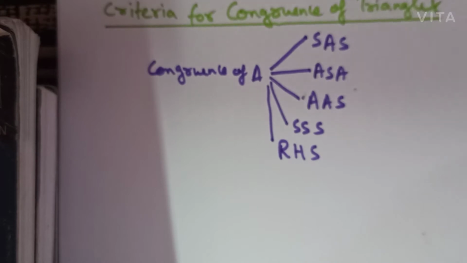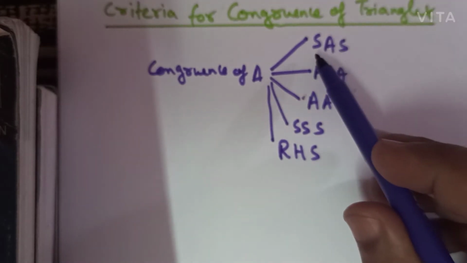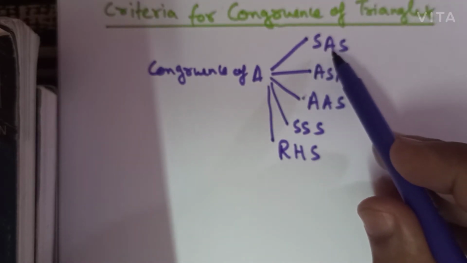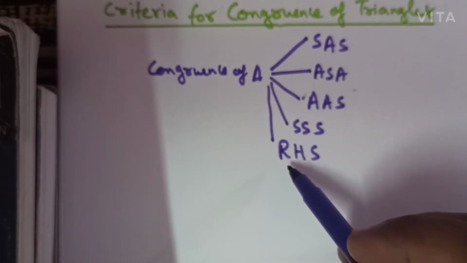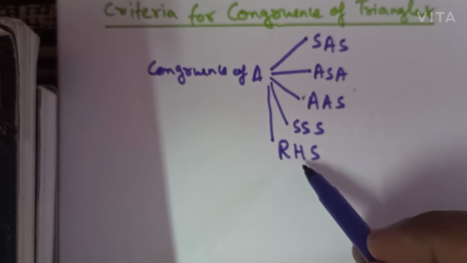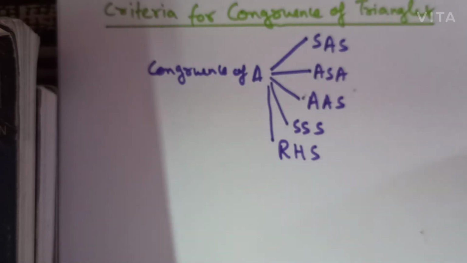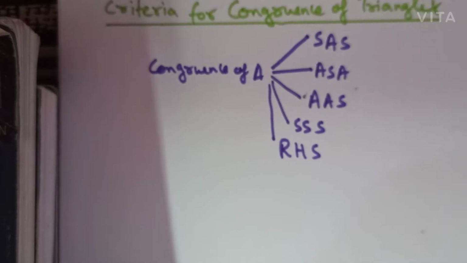Here S stands for side of the triangle, A stands for angle of the triangle, R stands for right angle of the triangle, H stands for hypotenuse of the triangle. So these have their respective meanings.